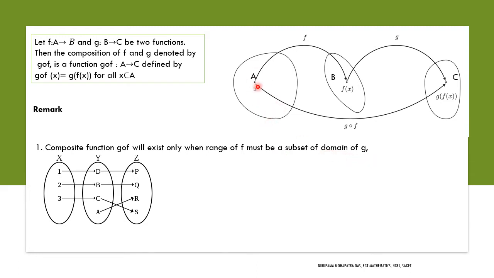As I said, the range of f lies in B, and B is the codomain of f here. So the range is a subset of the codomain. The range is contained in set B and the domain of g is taken as the whole set B.